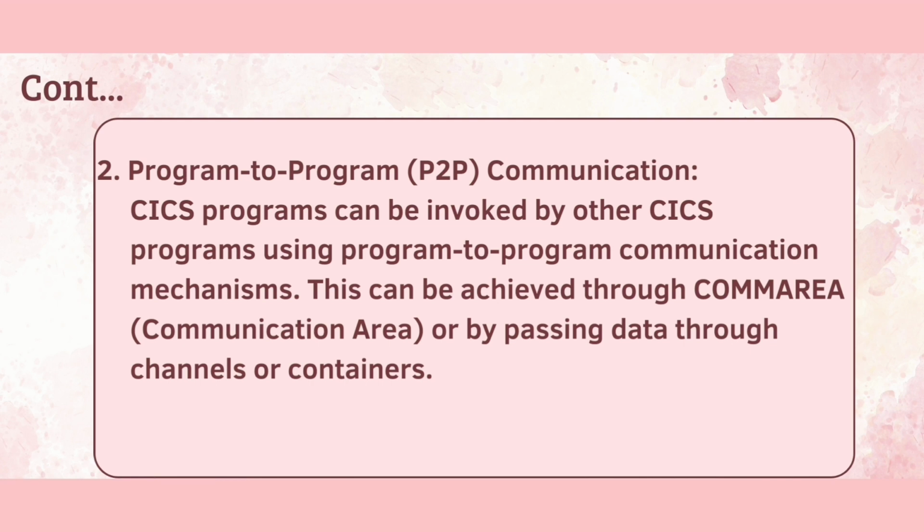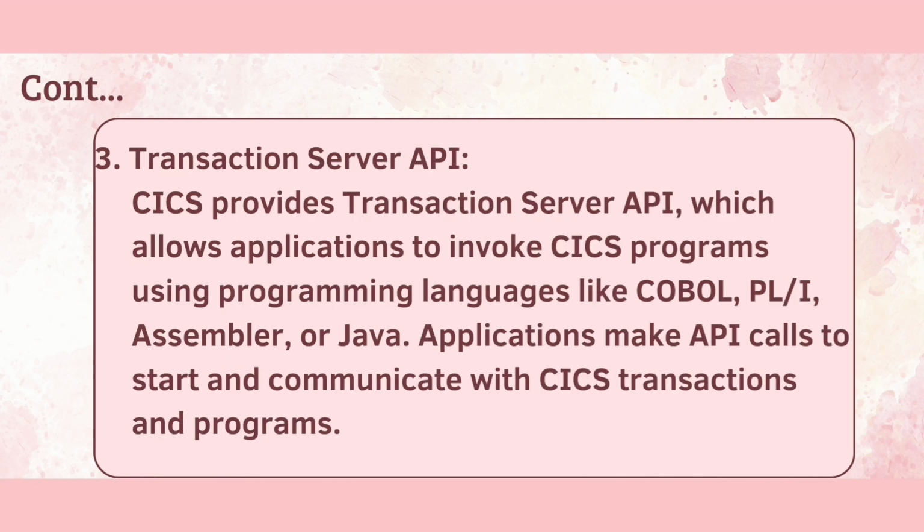Next is Transaction Server API. CICS provides Transaction Server API, which allows applications to invoke CICS programs using programming languages like COBOL, PL/I, Assembler, or Java. Applications make API calls to start and communicate with CICS transactions and programs.